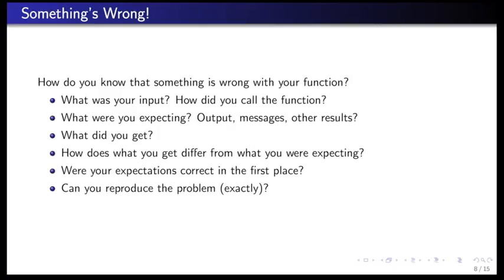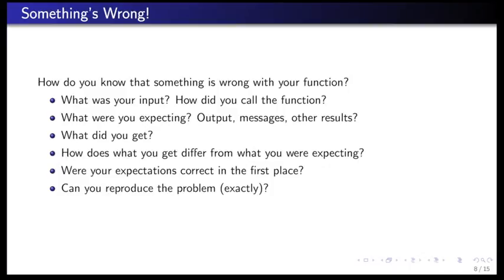Another key aspect of debugging is that you have to be able to reproduce the problem, right? Because if you can never reproduce the problem, you'll never have a chance of figuring out what went wrong, because it only happened that one time. So this is very, very important, unless it's the most basic problem.